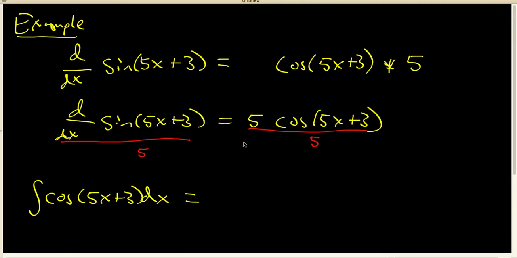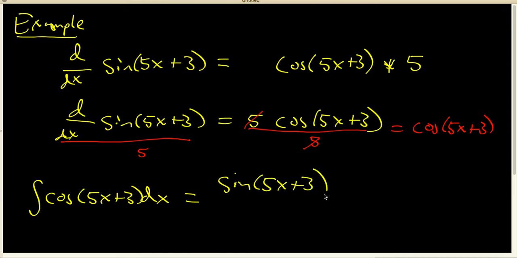When I do, the right-hand side becomes the integrand that I am now looking at, but the left-hand side is really nothing more than the derivative of the sine of 5x plus 3, divided by 5. In other words, the antiderivative of cosine of 5x plus 3 should be the sine of 5x plus 3 divided by 5, plus any constant that I want to add.